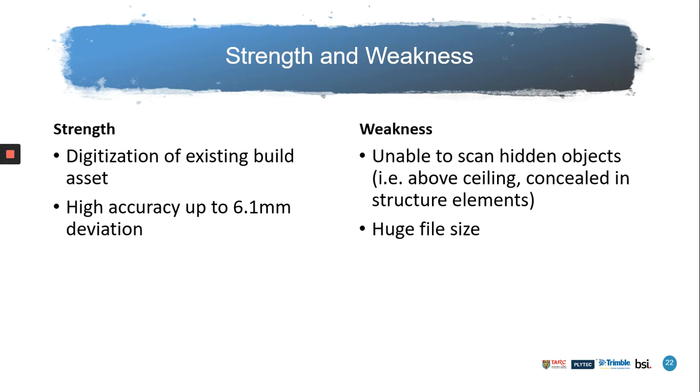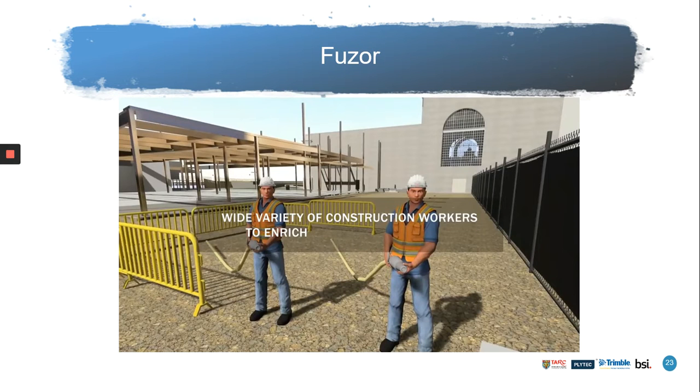There's also a problem with this scanner: because the way it scans is by shooting out the laser and taking in points, the file will be very huge because there will be a lot of points. For this scanner, each point that you take is about 200 MB, depending on how accurate you want the model to be when you project it into your software.